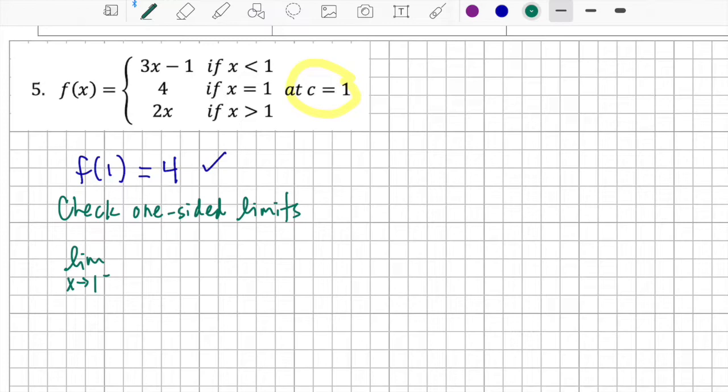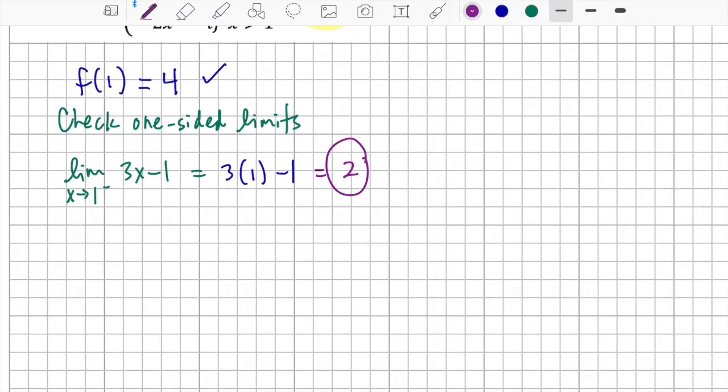Now we have to decide which of the 3 choices I'm supposed to plug in. Well, from the left means less than 1. So therefore, less than 1 is 3x minus 1. So now we're going to check the limit as x approaches 1 from the left of 3x minus 1. Next step is easy, just plug it in. So it's 3 times 1 minus 1, and that will give me 2.